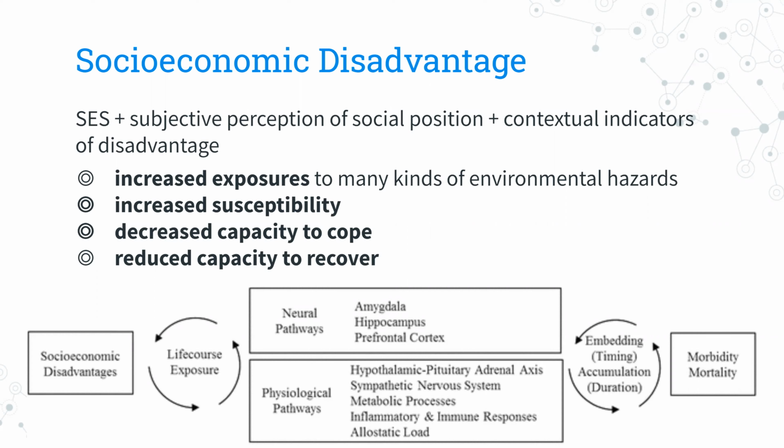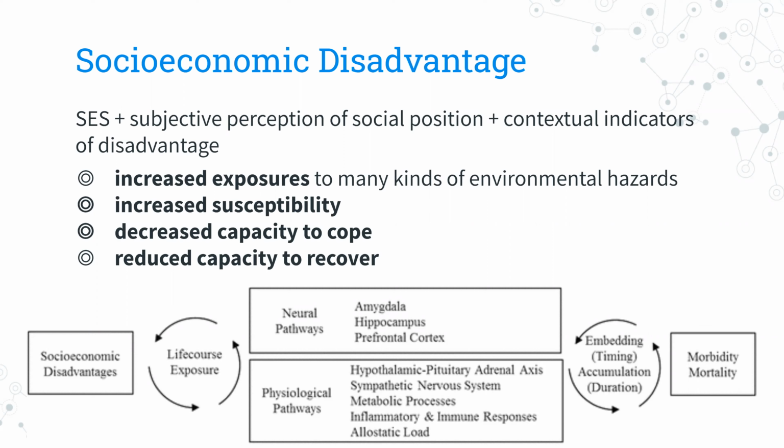But also psychological capacity to cope, because when you're already so overburdened and weighed down by life's stressors, it can be really hard to take on another one. And then a reduced capacity to recover. And this is again largely because of the stress response.